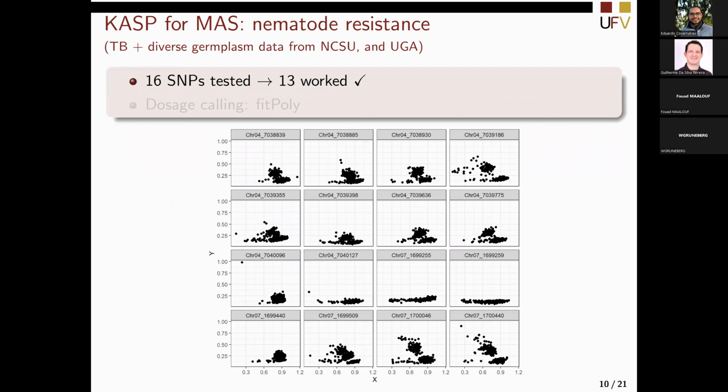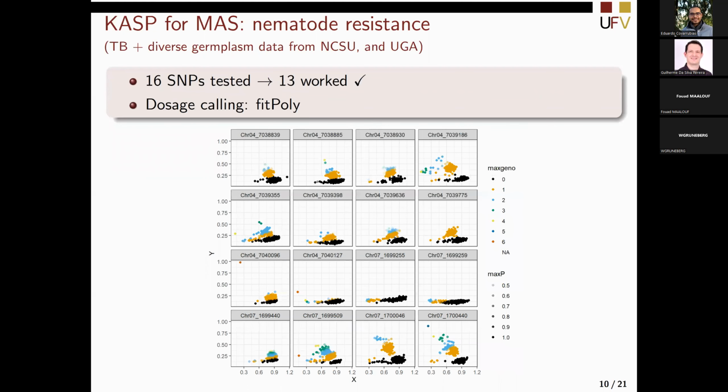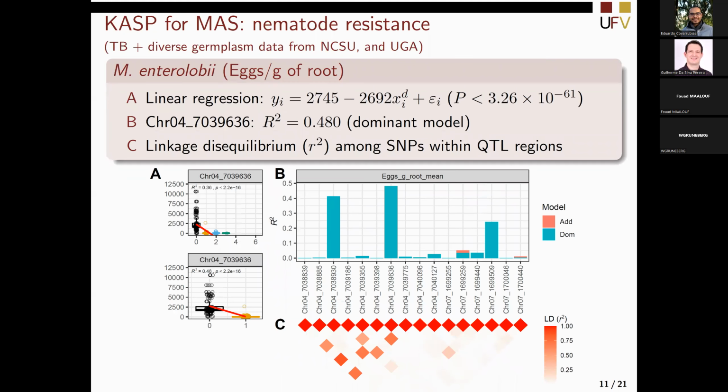At first, we tested 16 SNPs, and again, we had to face that challenge of dosage calling, right? So we were able to do it with the SNPs we got, and found pretty high R squares for some of the SNPs we had selected, right?